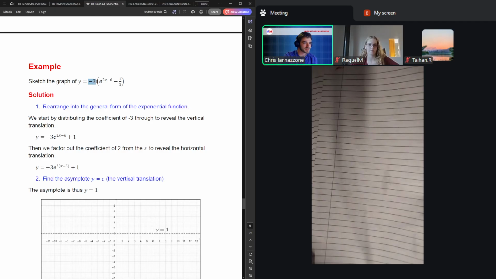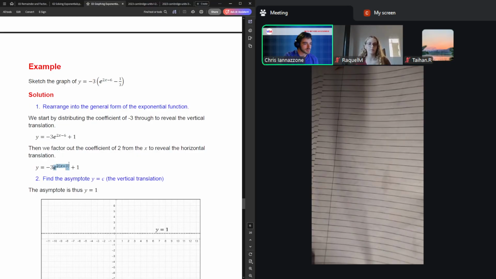For instance, because this is factored out as a -3, it makes it kind of hard to see what this actually is. There's no plus on the outside of the function. There's a whole multiplier on everything. So we can't clearly see what the vertical translation is until we expand it all the way through, which we do here.